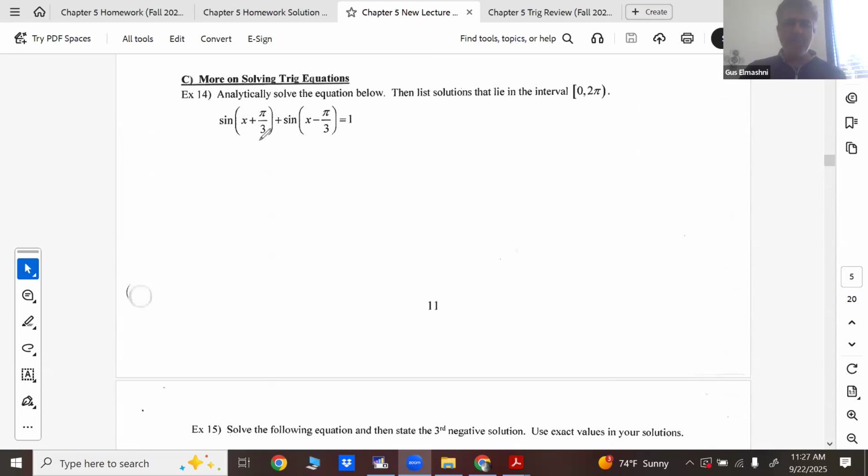For 13, I should probably use the sum and difference formulas again. So wouldn't that be sine x times what? So you have that memorized. Plus, let me erase x, I need some space here.